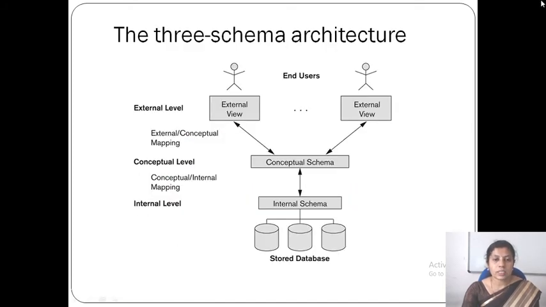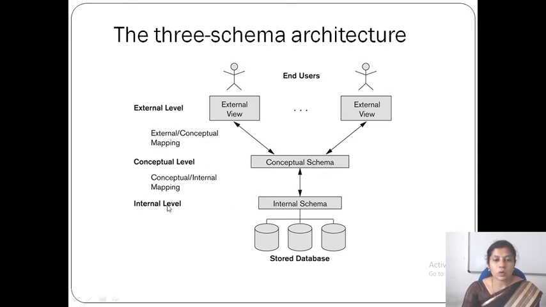Now here you can see the diagram. For end users, I'll give only the virtual tables, and in the middle we have the conceptual schema, then the internal schema and the stored database. How I am going to store the information, how much space I am allocating, how I am going to access, that will not be shown to the upper level.